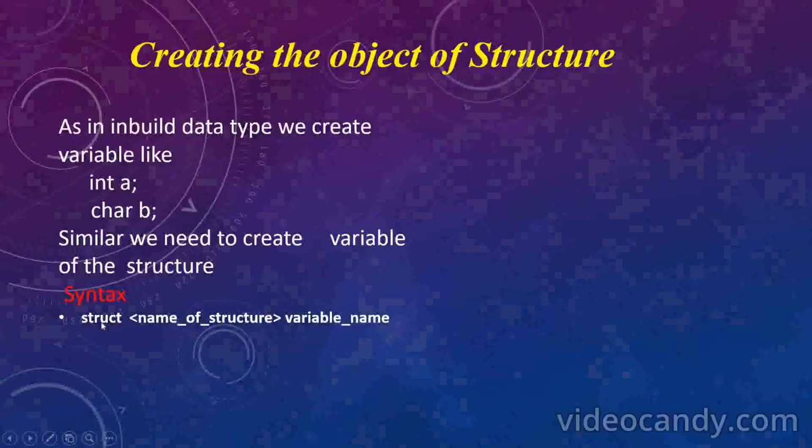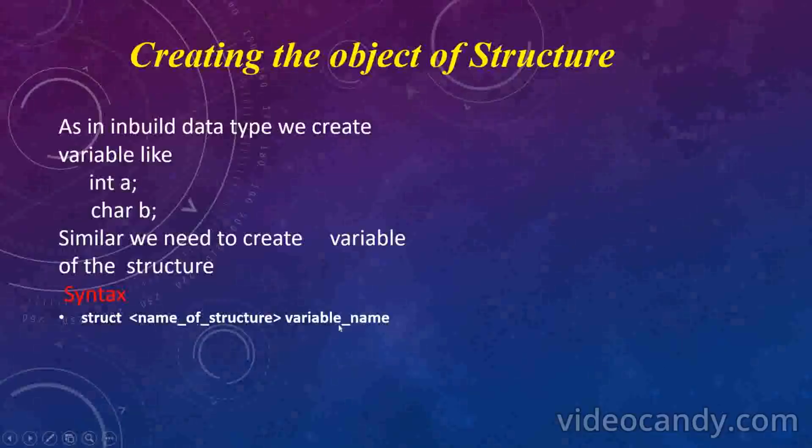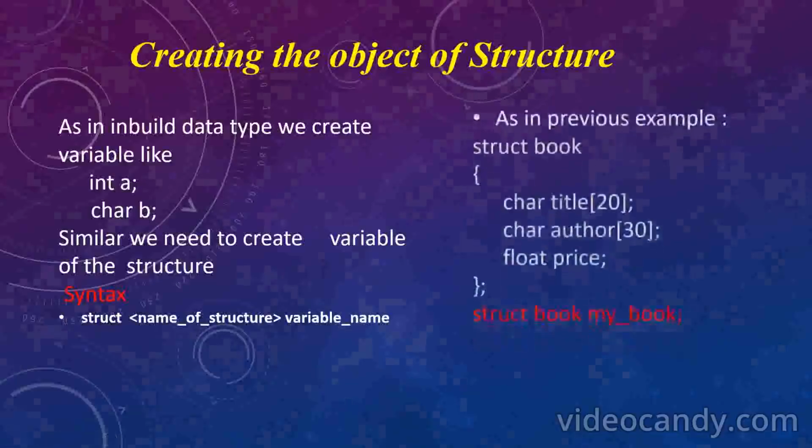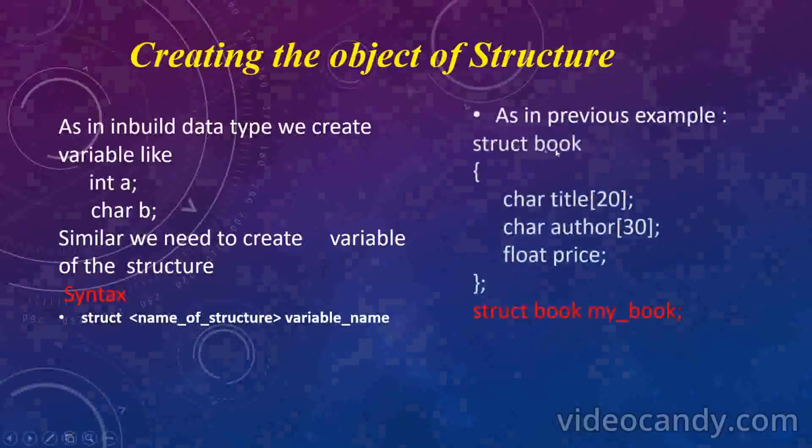We use the keyword struct, the name of the structure, then the variable name. Let's see the example. In the previous example, we used the structure book, storing char title[20], char author, price. Now this is the object, or variable, we are creating: struct book mybook. Now mybook is basically a variable name, or an object, of this structure.